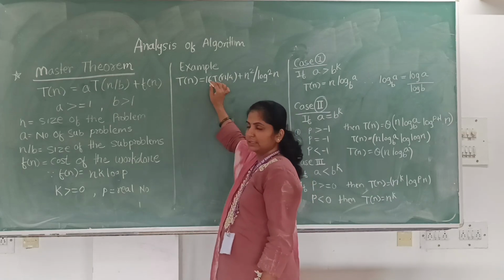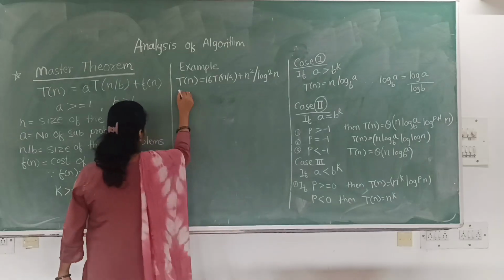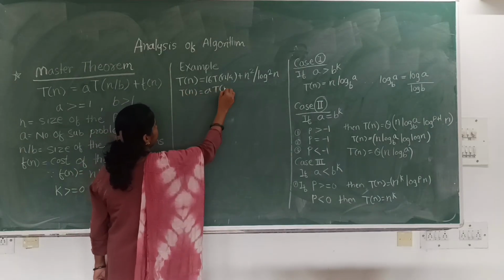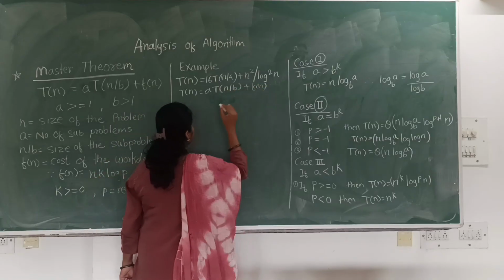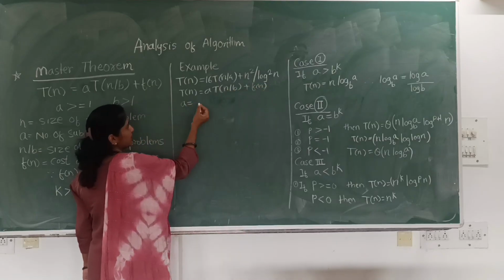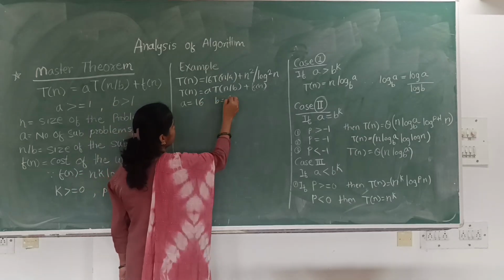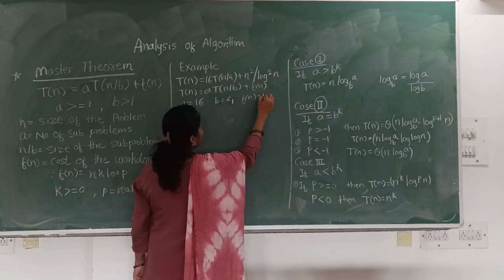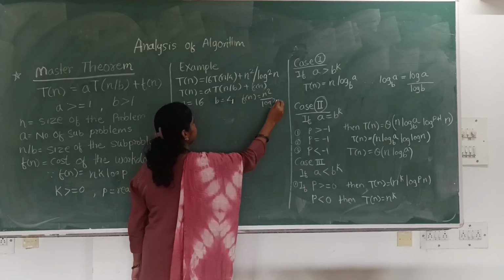We compare this with our standard function T(n) = aT(n/b) + f(n). After comparing, we get a's value equal to 2, b equal to 4, and f(n) is n^2 upon log^2 n.